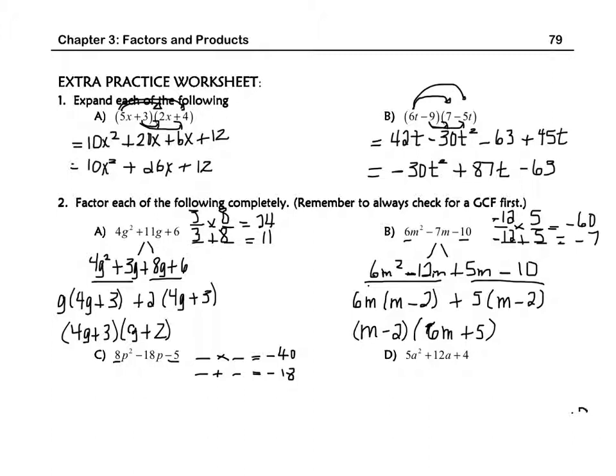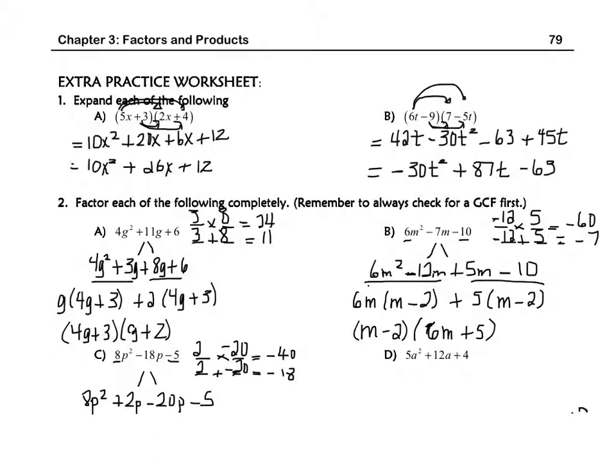Factors of 40: 1 and 40 aren't going to work. 2 and 20 will, if you have the 2 as a positive and the 20 as a negative. So 2 and negative 20. Then you would break down that middle term. So you have 8p squared plus 2p minus 20p minus 5.